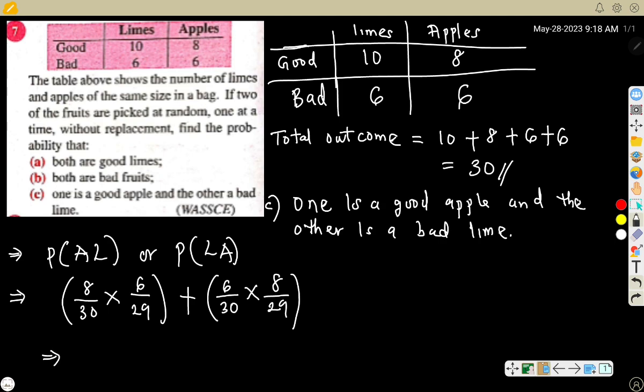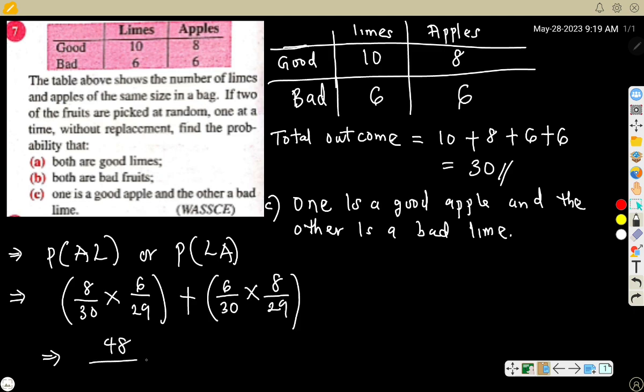So this is the result. You can now cancel out, like 2 here, 4, 2 here, 15. But I want the denominator to be common. So if you don't cancel, you can also multiply straight so that you have a common denominator. So 8 times 6 is 48.